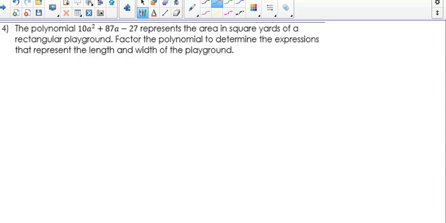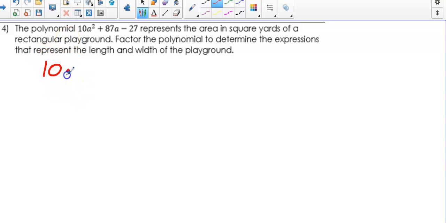Last one. 10a squared plus 87a minus 27 represents the area of a rectangular playground. So we're going to factor this out to find the length and width of the playground. First, let's think about GCF. Is there any common factor between all three of these? No, there's not. So there's no GCF.